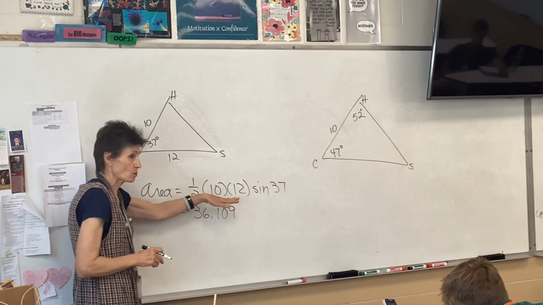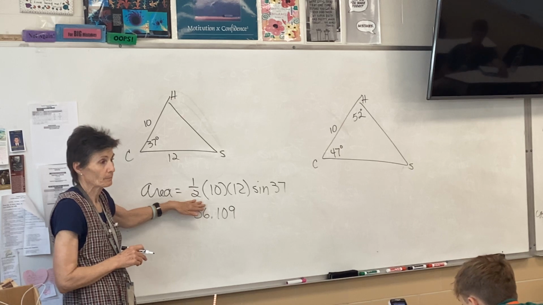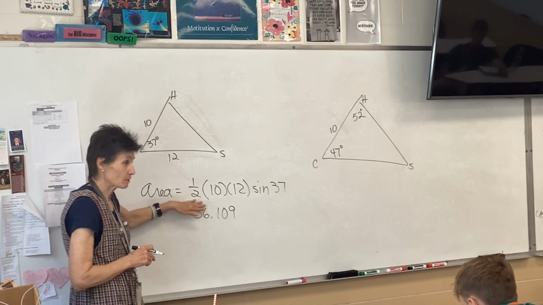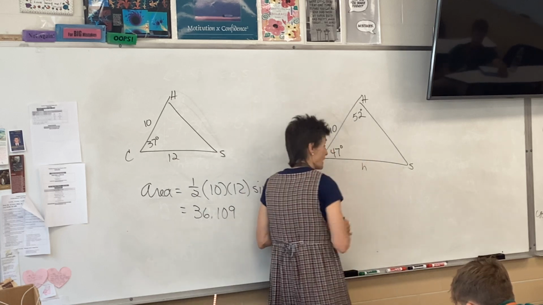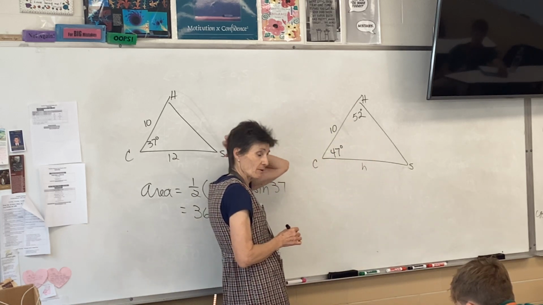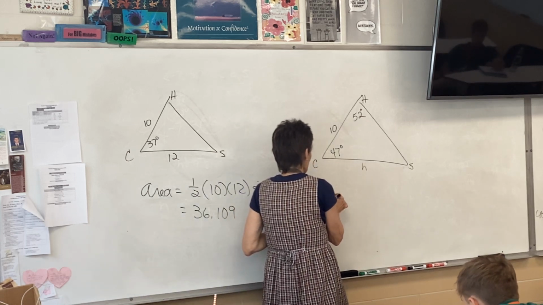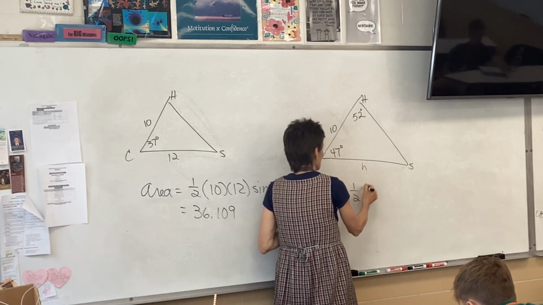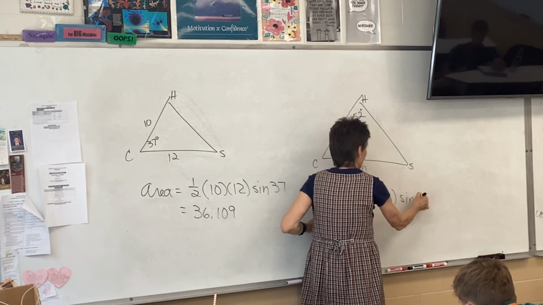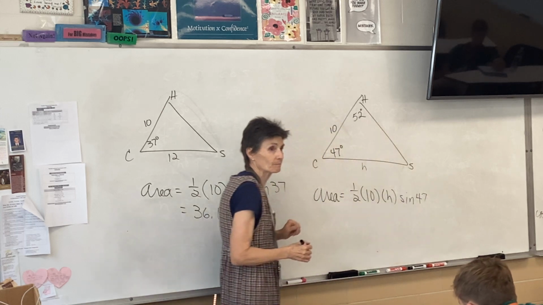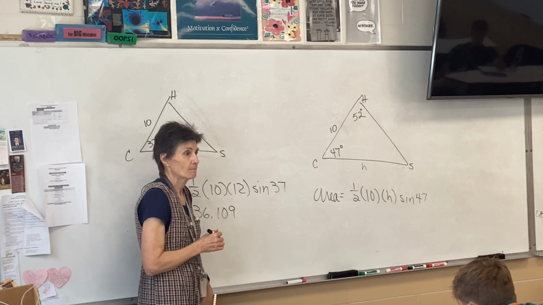Now, can I use this quick idea? Nope, what am I missing? I need a side, right? Don't really care which one, I just need one of them. So, just for fun, let's find side H. Doesn't matter, find any side. Once I have side H, then I can say my area is 1/2 10 H sine 47. Would you agree with that?